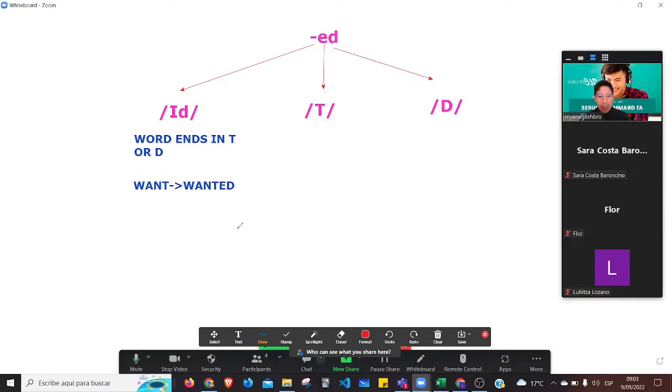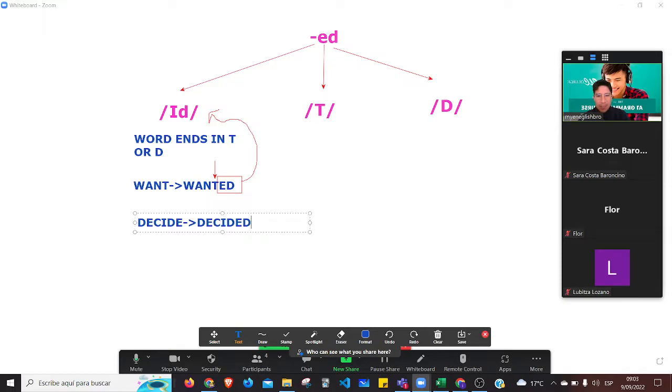So now you have here the T, and then you have the sound. And the sound is this one. So we say want it, wanted, wanted. Okay? What about this one? You have decide.